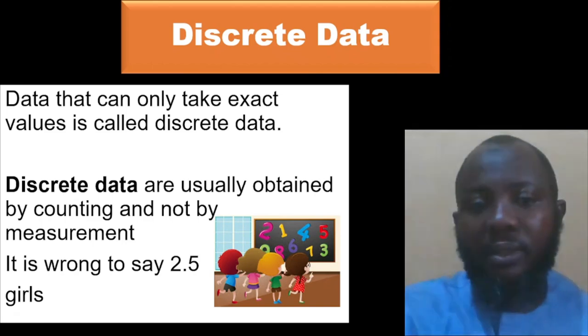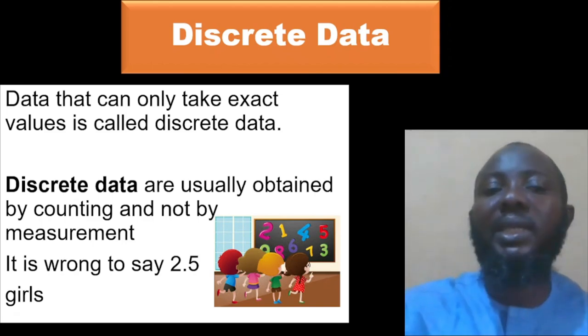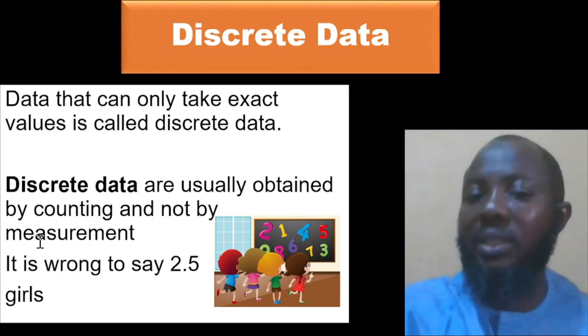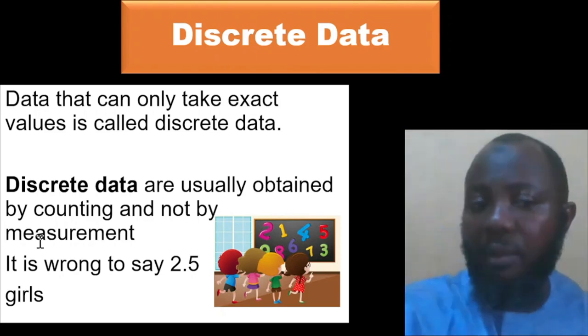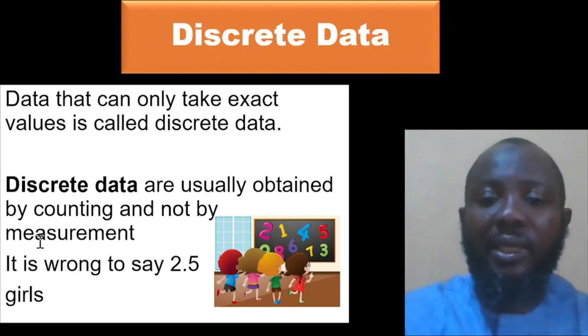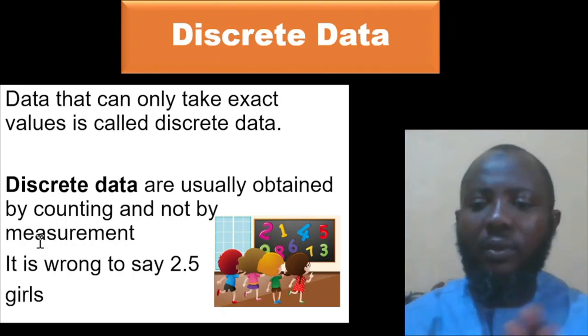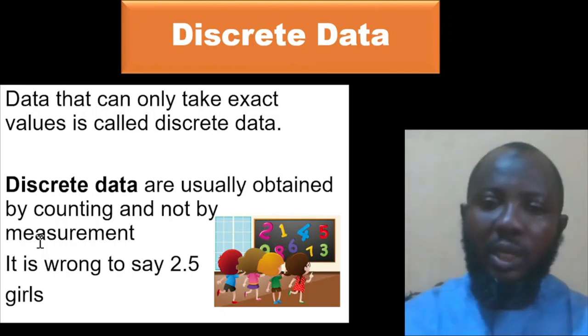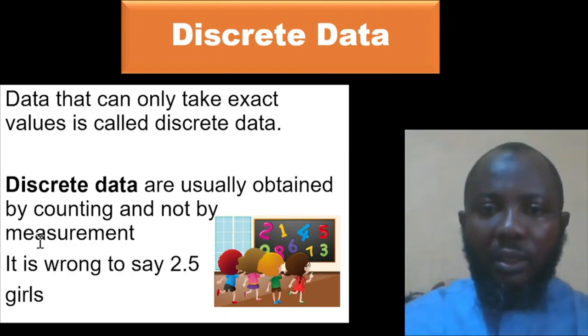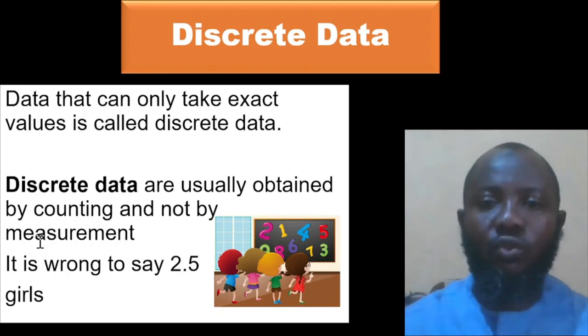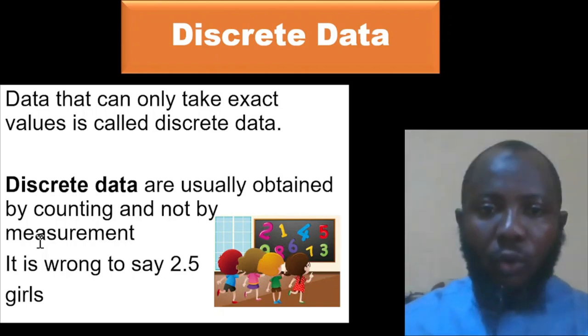So let's look at discrete. Discrete data, data that can only take exact values, is called discrete data. I repeat again, data that can take only exact values, that is, you cannot have points in between. Let me give you an instance. In a room or in a class, can we say we have 2.5 boys in a class?